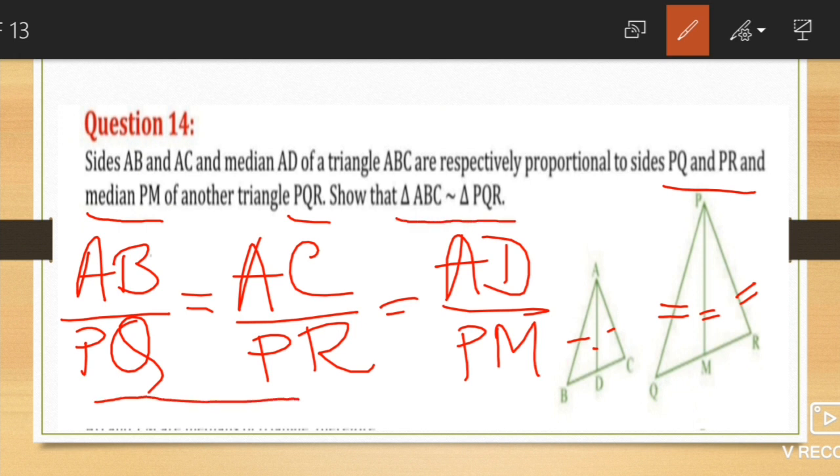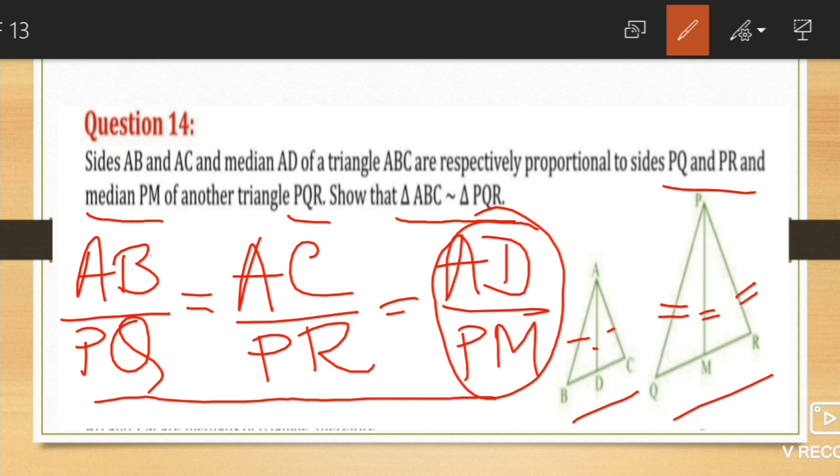If you check the given condition, if AB by PQ is equal to AC by PR is equal to BC by QR was given, then the proof was already done. We have nothing to prove, right? But as you can see, the third ratio is AD by PM, the ratio of the median.